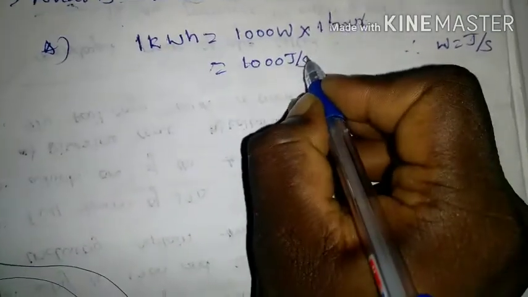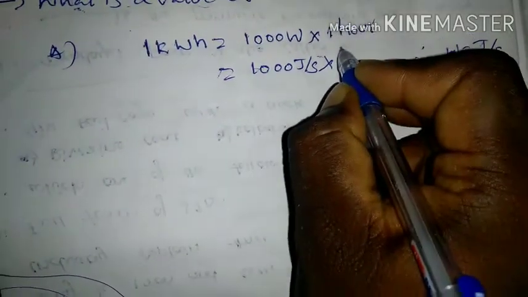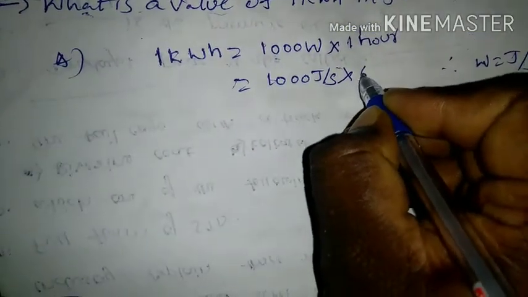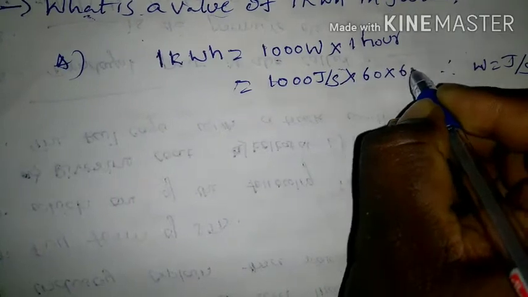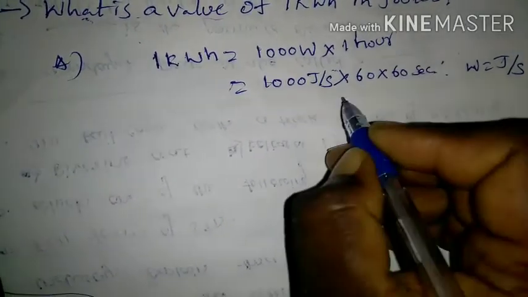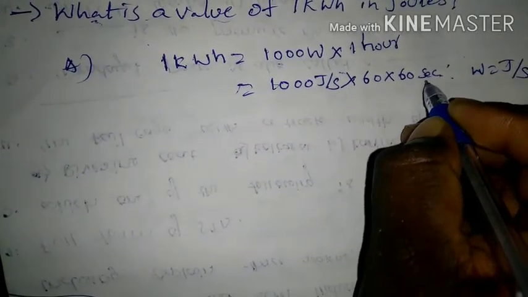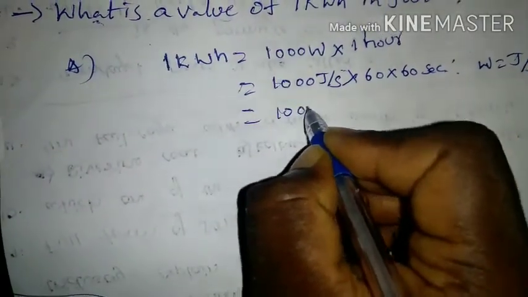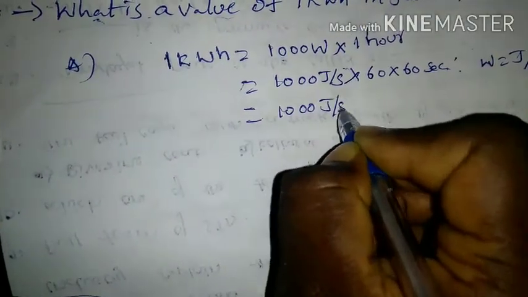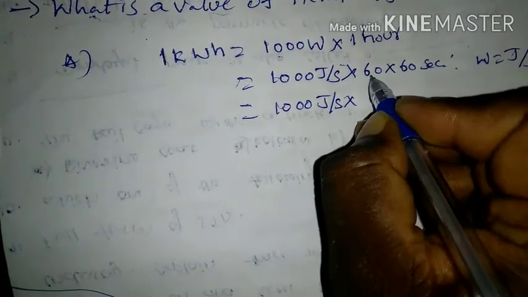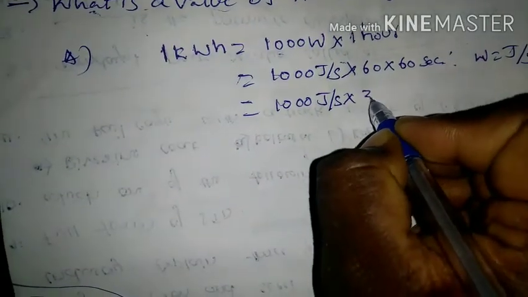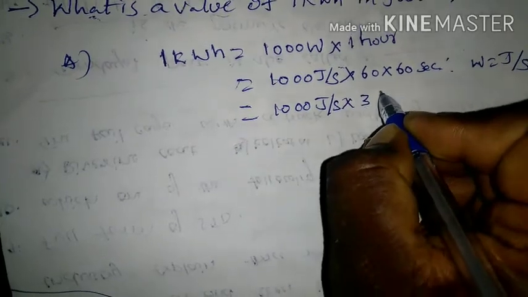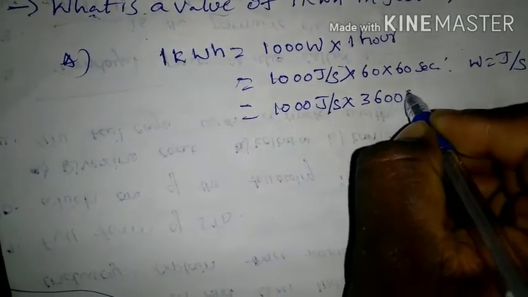1000 joules per second into 1 hour, which is 60 minutes into 60 seconds, that is 3600 seconds.